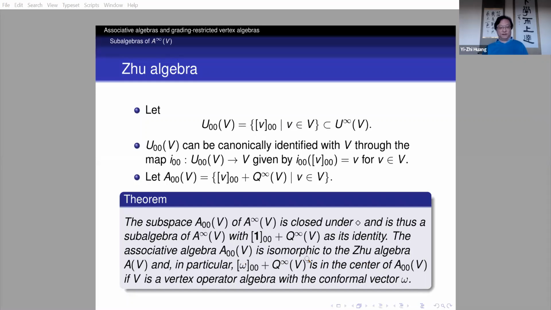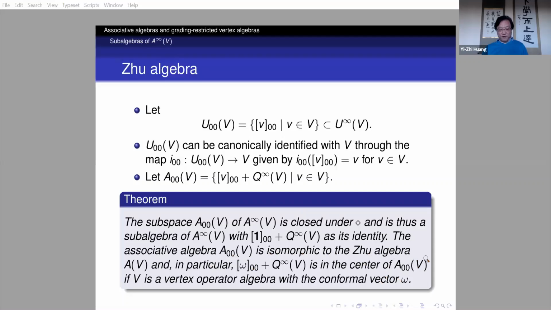But we can prove that when you restrict to A00V, Q infinity V intersected with U00V is actually the O(V) introduced by Zhu.